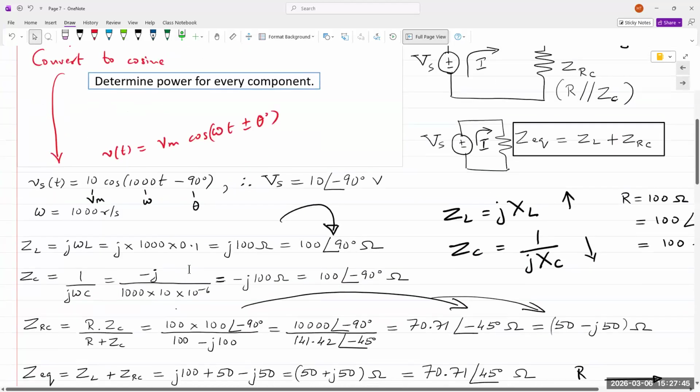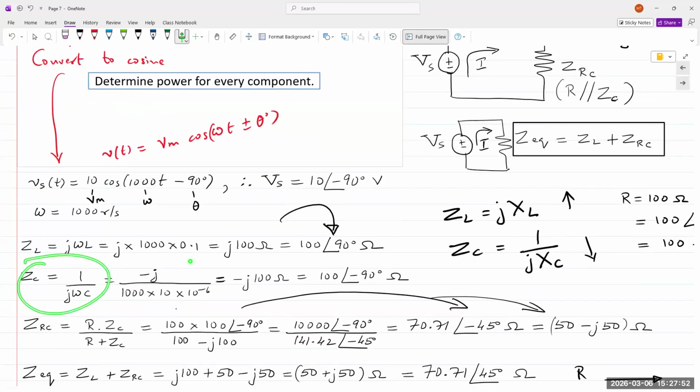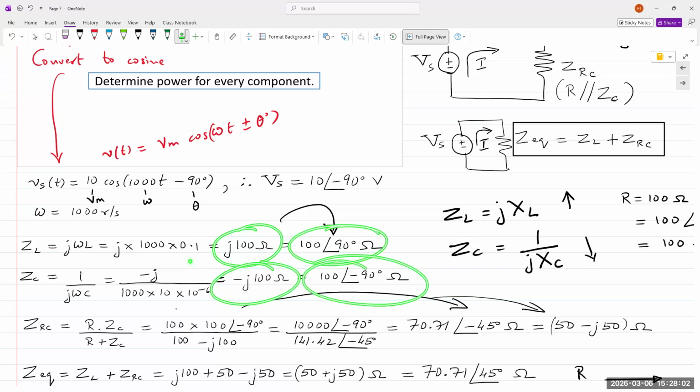ZL is j omega L, or omega L with the angle of plus 90. ZC is 1 over j omega C, or 1 over omega C with the angle of minus 90. Solve that, and you get these values. J times 1000 times 0.1 Henry gives me j100, or in polar coordinates, 100 with the angle of 90.